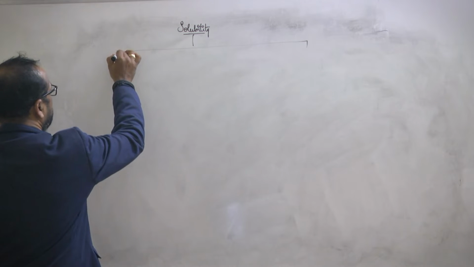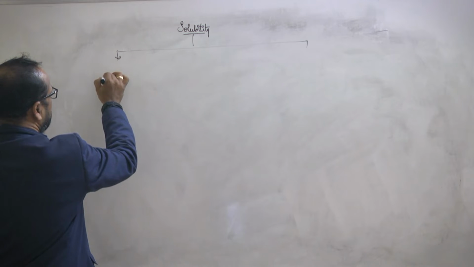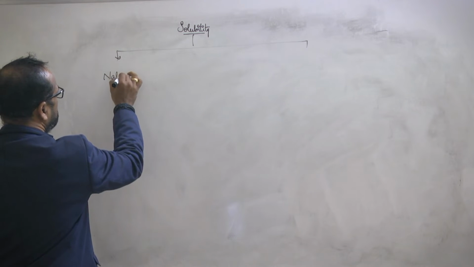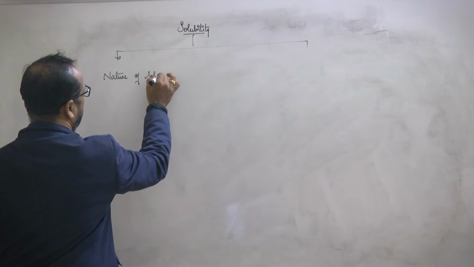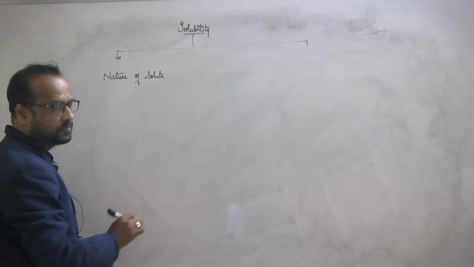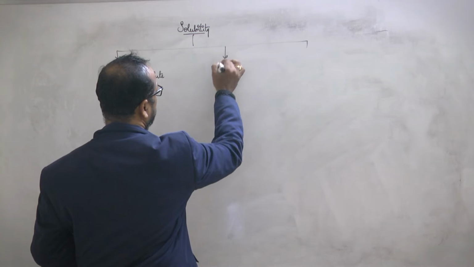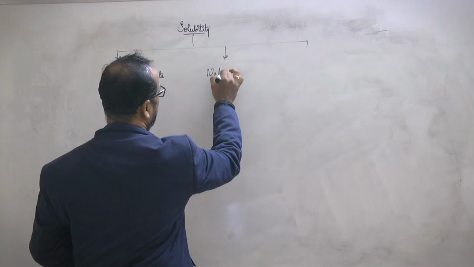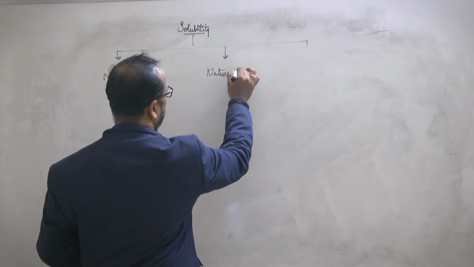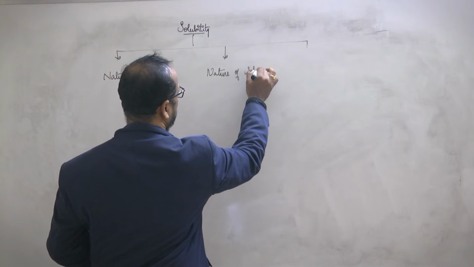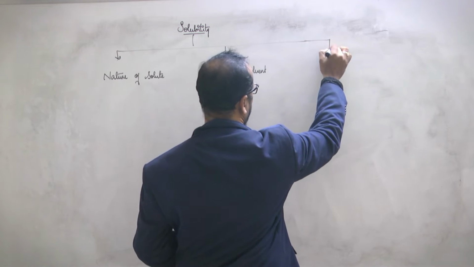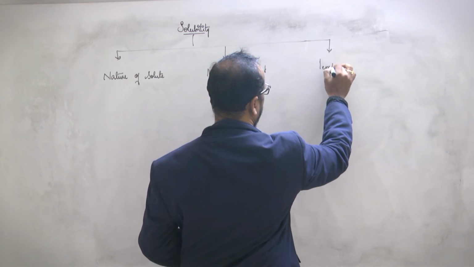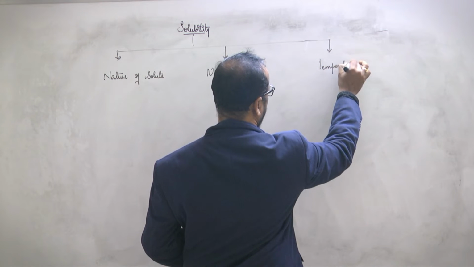The first one is the nature of the solute. The second one is the nature of the solvent. The third one is temperature. These are the three factors we are going to discuss today.